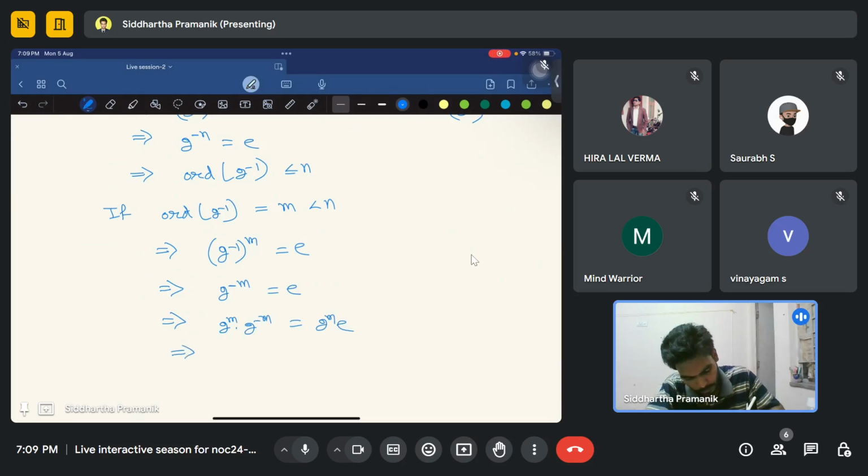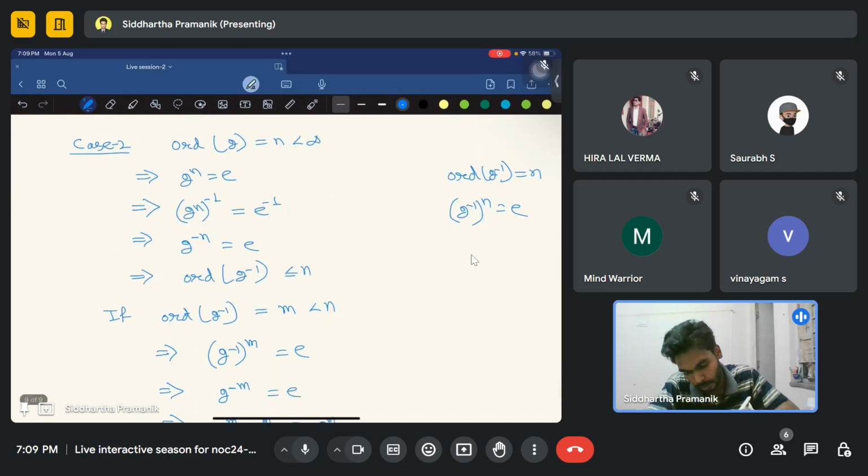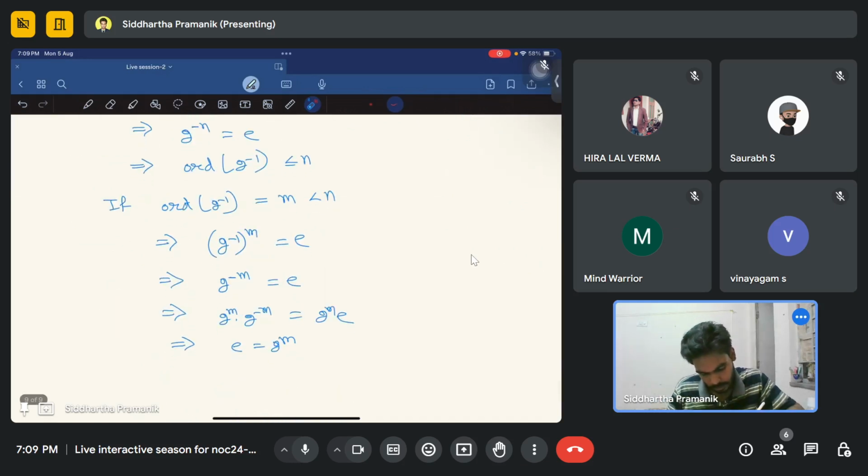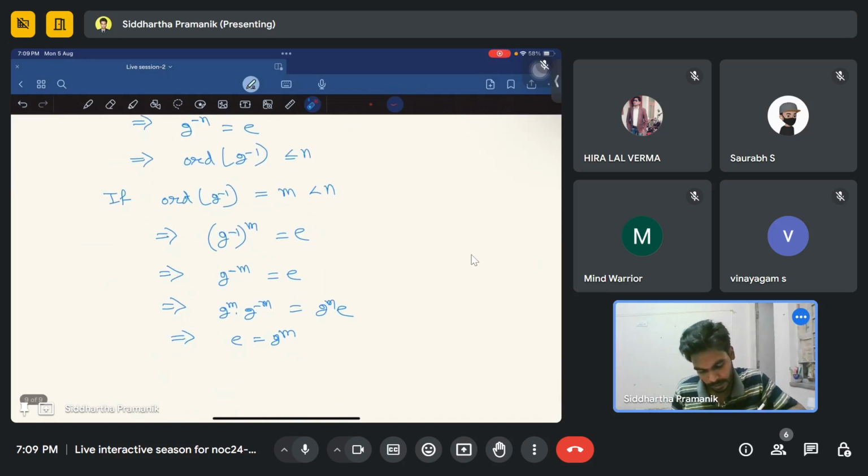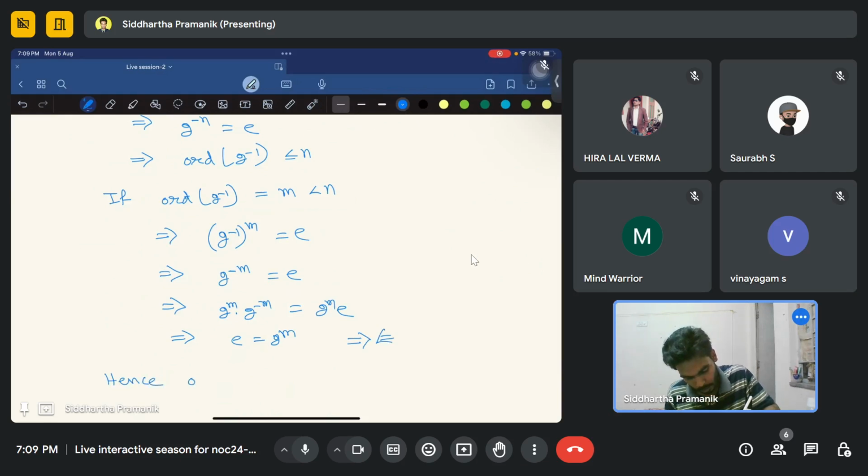So this will imply g power m is identity. But order of g is n. So n is the least positive integer such that g power n is identity. And m is less than n. So this cannot be true. So this is a contradiction. Hence, order of g inverse must be equal to n.